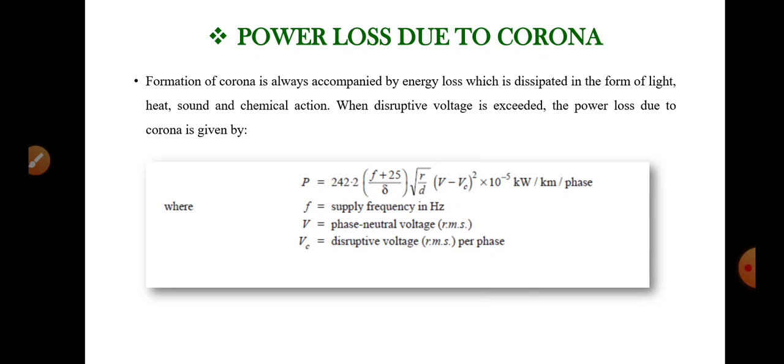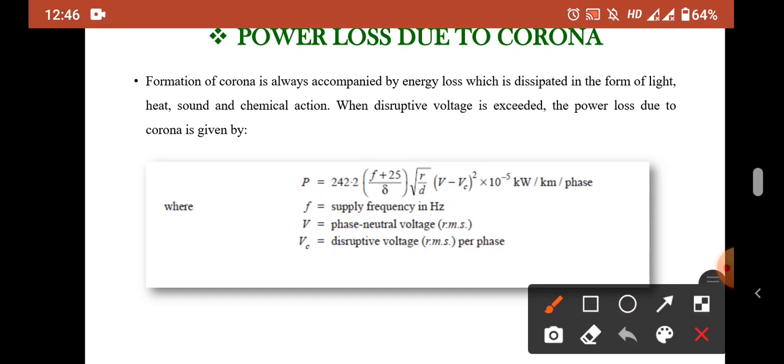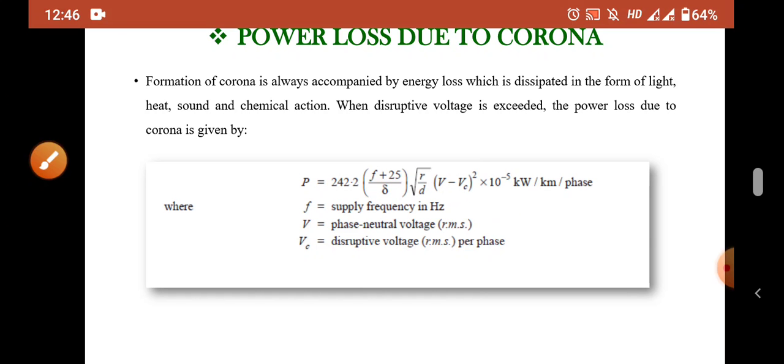Here f is the supply frequency, r is the radius of the conductor, d is the spacing between the conductors, v is the phase neutral voltage which we have to substitute in RMS value, and Vc is the critical disruptive voltage RMS per phase. So this is the power loss equation for power loss due to corona.